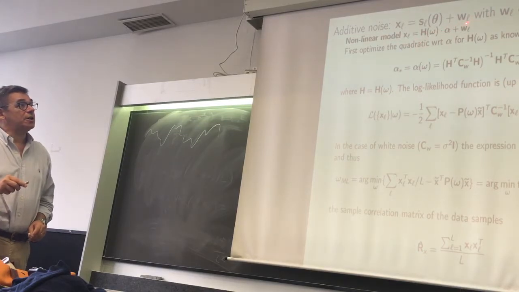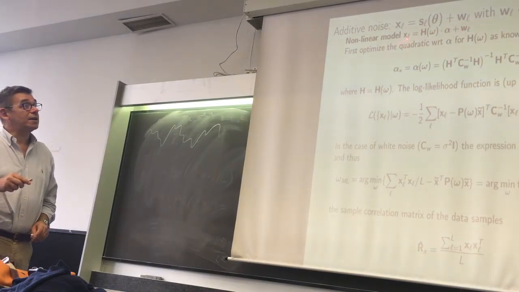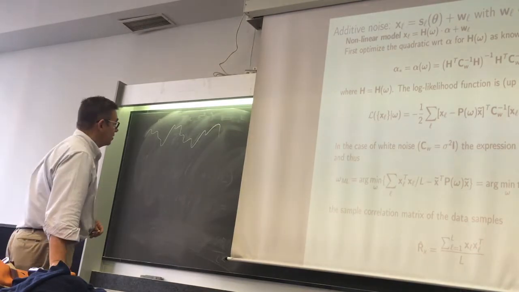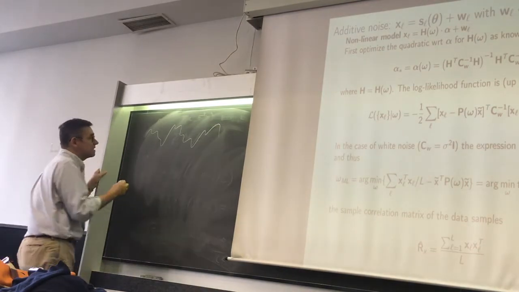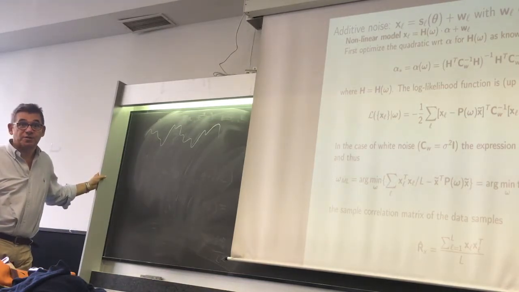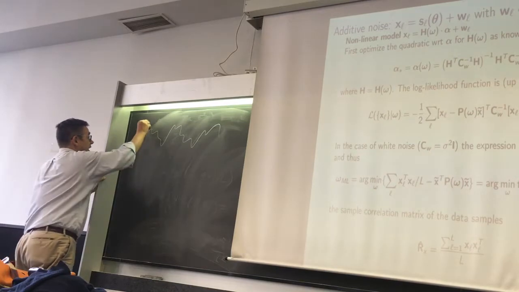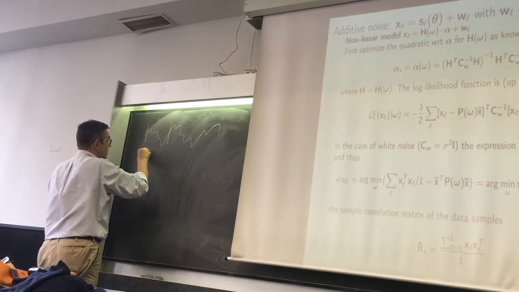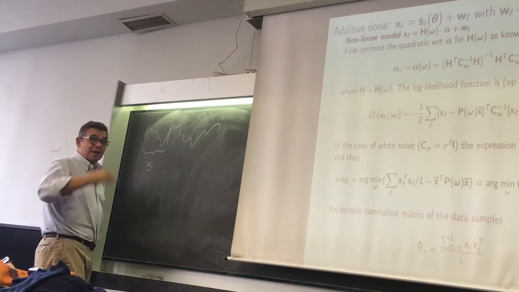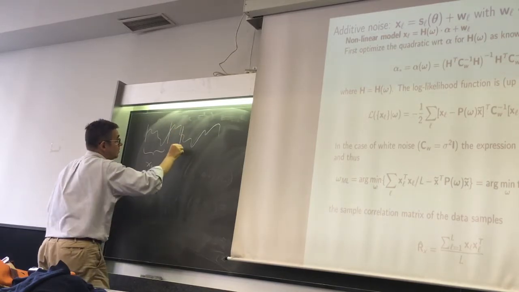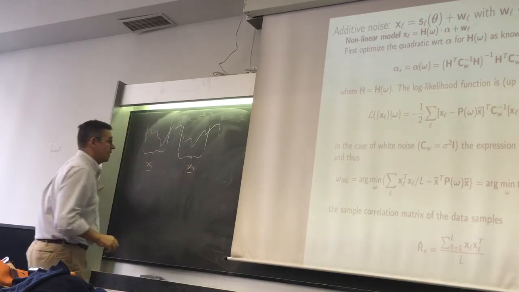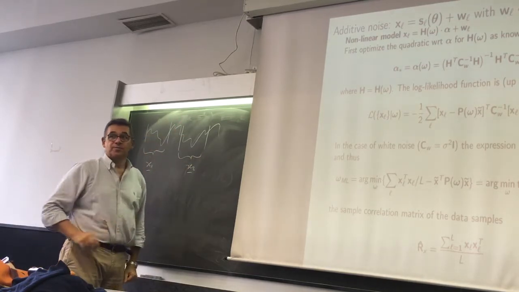So you have a sinusoid, and you have a different piece of data. We know that this one is a superposition of 3 sinusoids. I don't know the frequency of this. So what I do is, I take this segment, and this one is x1. Then after some time, I take another piece. This one is x2. And so forth.